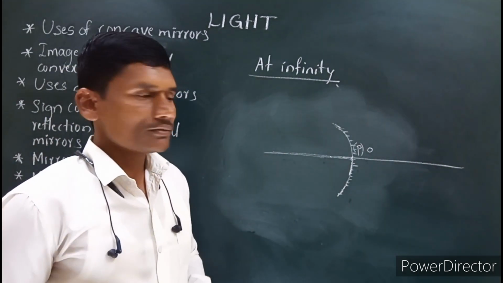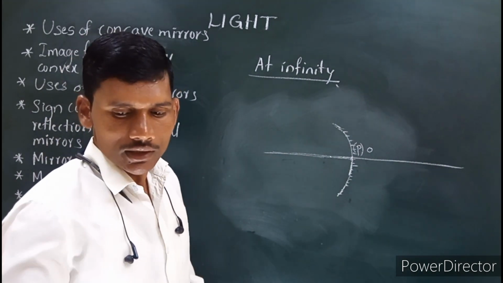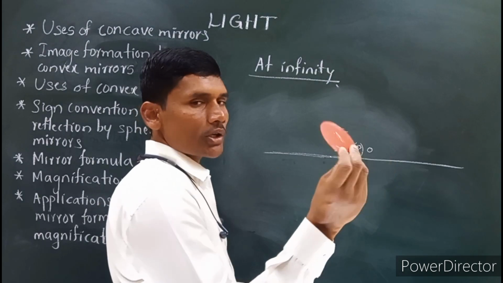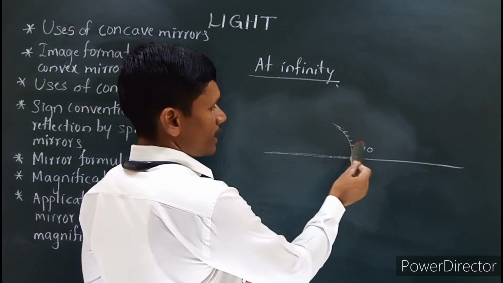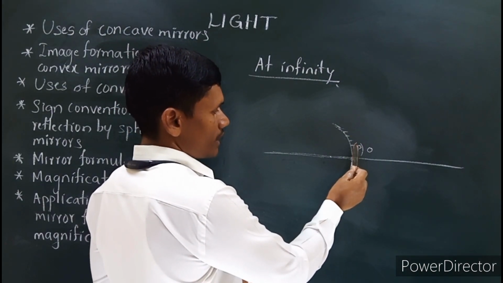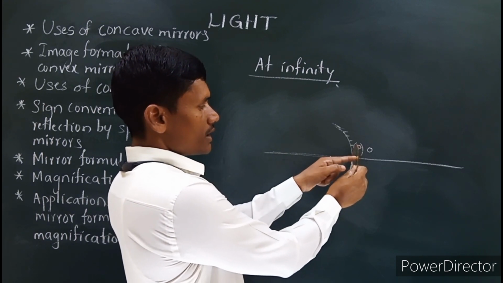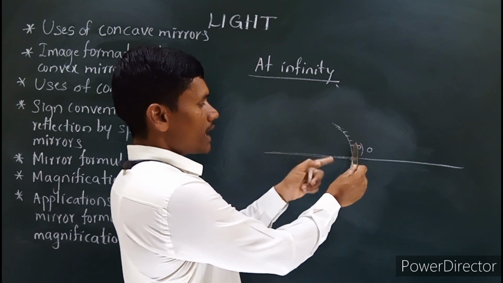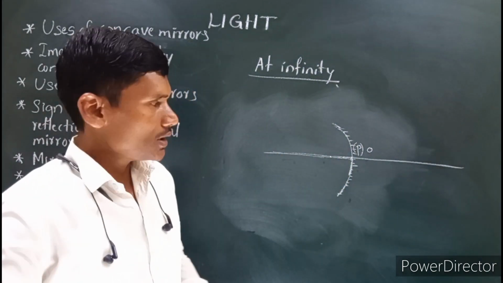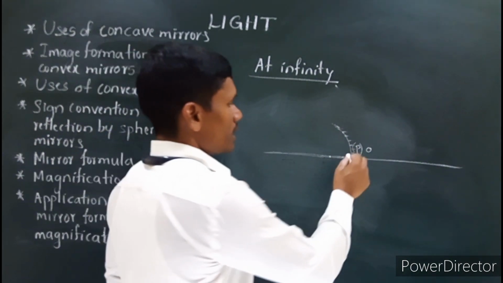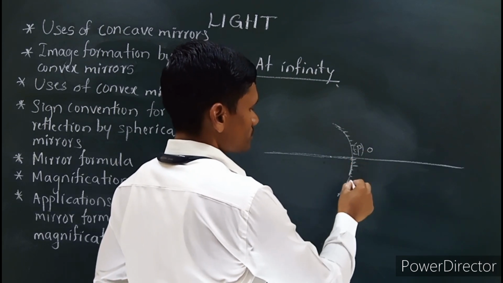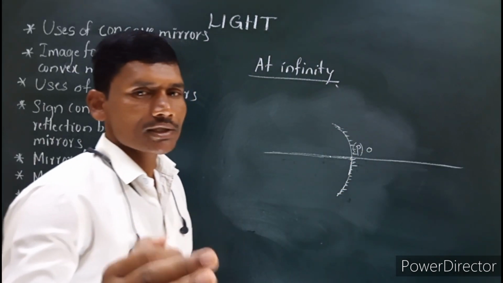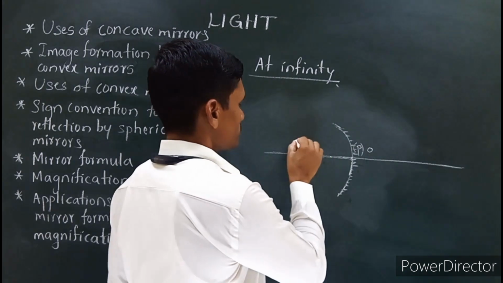Coming to the rules, let us take this as a concave mirror. If I place it here with the reflecting surface like this, the center is considered as origin and the principal axis passing through the pole is considered as x axis. Now, coming to the rules, the objects are always placed on the left of the mirror.